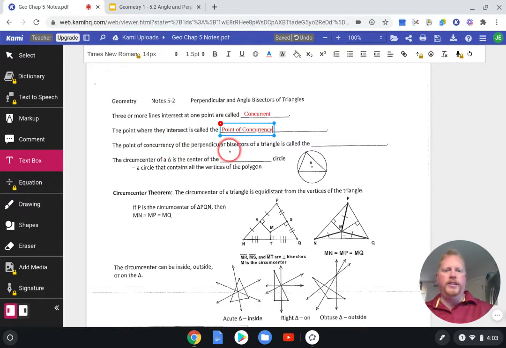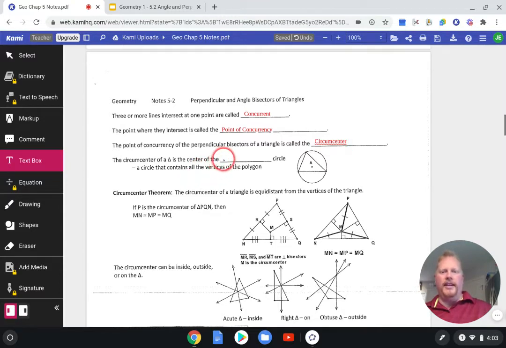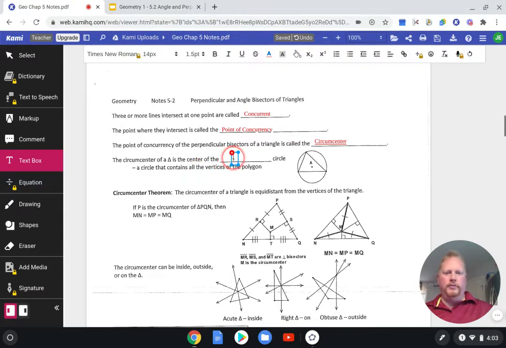And the point of concurrency for perpendicular bisectors is called the circumcenter. And the circumcenter of a triangle is the center of the circumcircle.